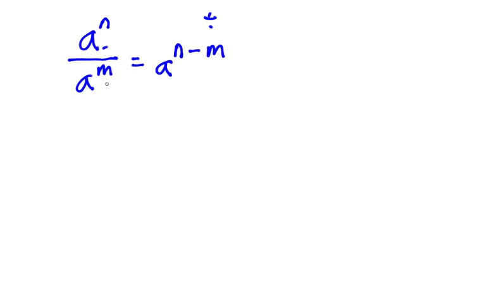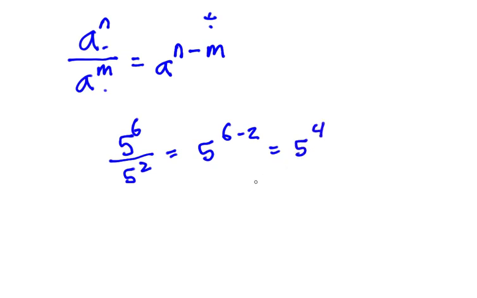Notice again, the base, a, is the same in top and bottom. So if I have 5 to the power of 6 over 5 to the power of 2, this just becomes 5 to the power of 6 minus 2, which becomes 5 to the power of 4. So let's see why this might be.